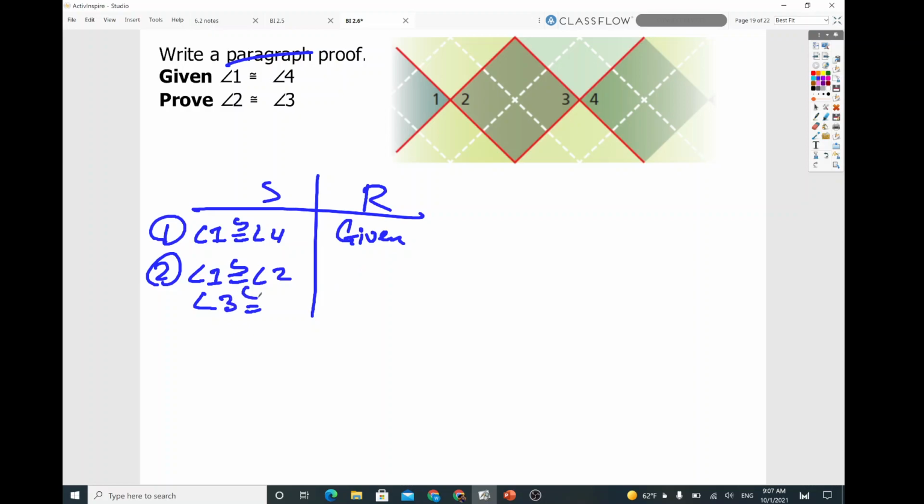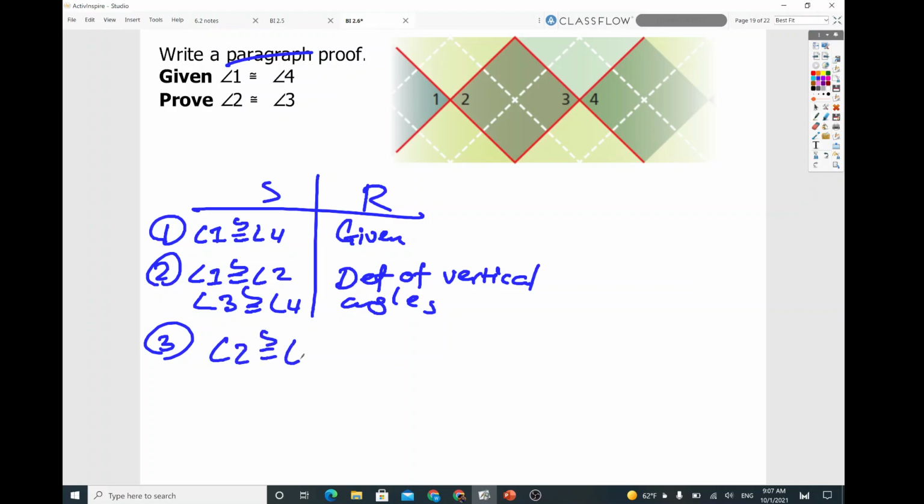Angle 3 is the same as angle 4, congruent, definition of vertical angles. Since they're exactly the same, angle 2 will be the same as angle 3. This one is by the transitive property. Again, anything that has more than 3 elements, that'll be the transitive property.